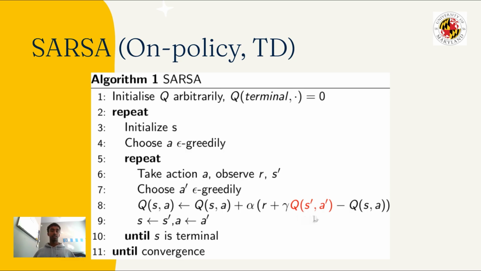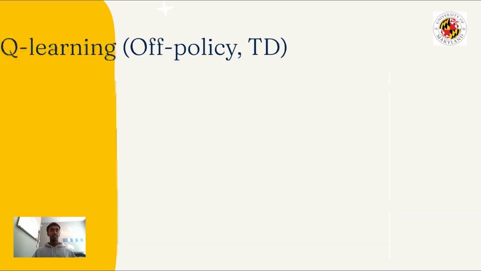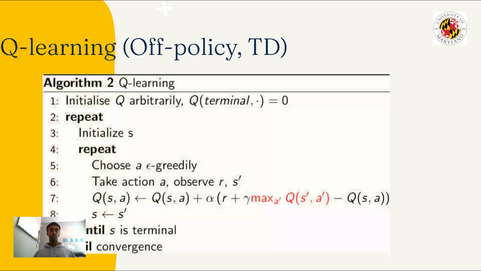And this follows the current policy that we defined already. Contrastingly, in Q-learning, we implement an off-policy strategy that will choose the action greedily. So despite what your policy may indicate, so your previous Q values, we're going to use the maximum of those values for choosing A prime.